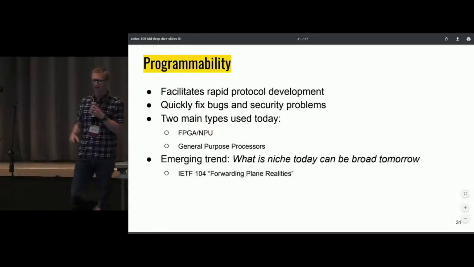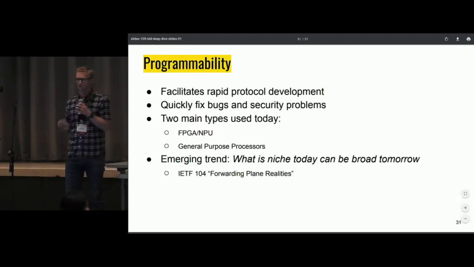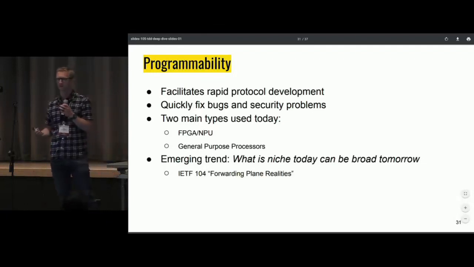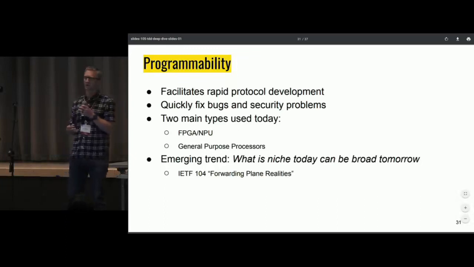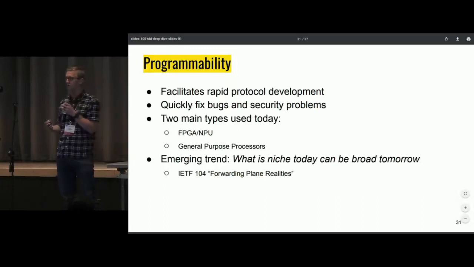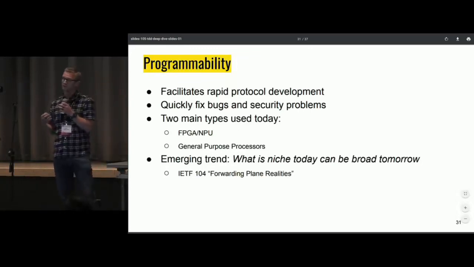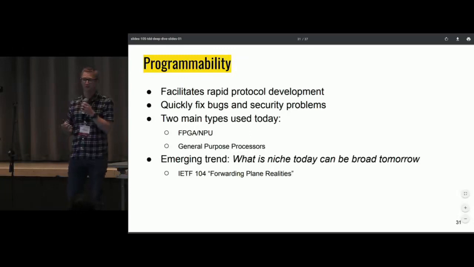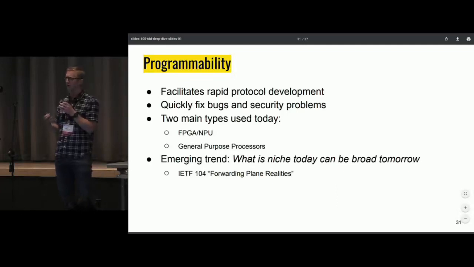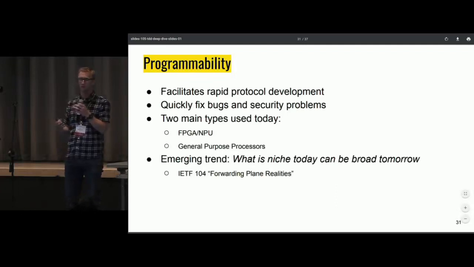Right out of the gate, one of the really important things is that it facilitates rapid protocol development. We're in a phase right now where fixed function offload is so powerful and so useful that if you want to deploy a new protocol, or help develop a new protocol and rapidly iterate on it, one of the problems you find is, are we going to cripple our current infrastructure and burn more cores processing packets just to support this new protocol?